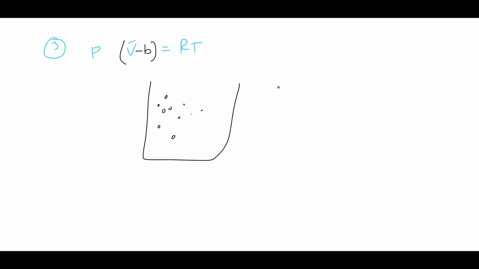Because of attraction or repulsion, the pressure would be modified, and that will be equal to RT by V minus B, minus A by V squared. So this is the pressure. Now when we rearrange and multiply with this one, we get RT.